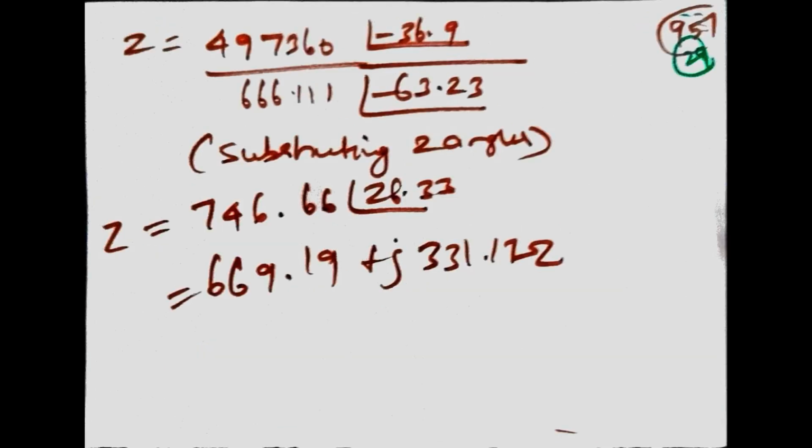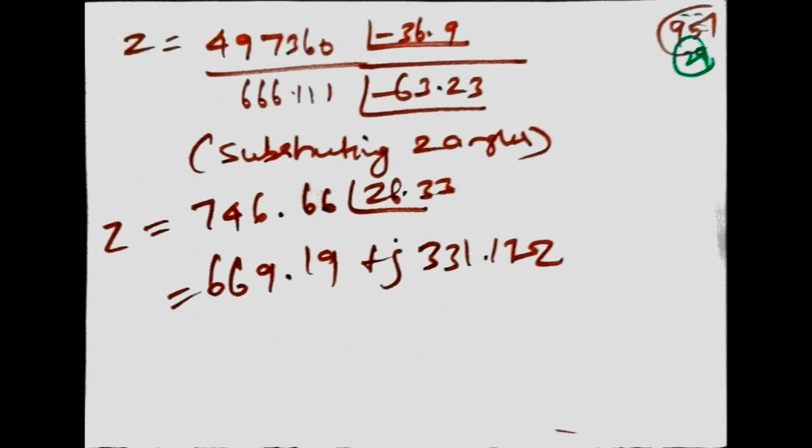Subtracting the Z angles is very important in the calculations. That is the angle from the polar format. Convert into complex format.